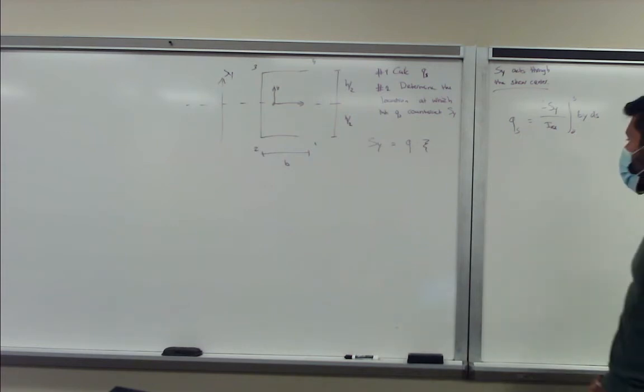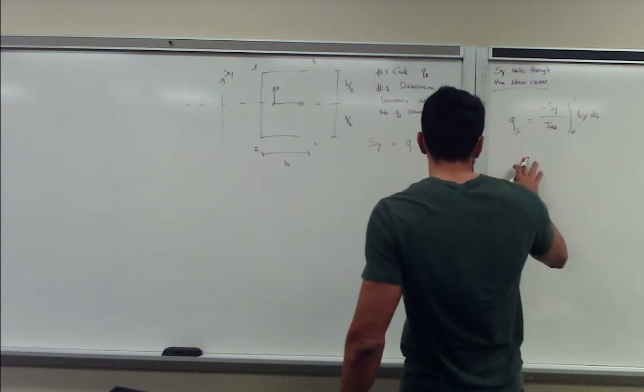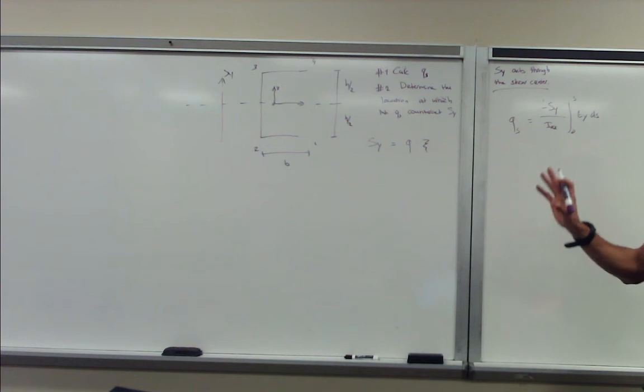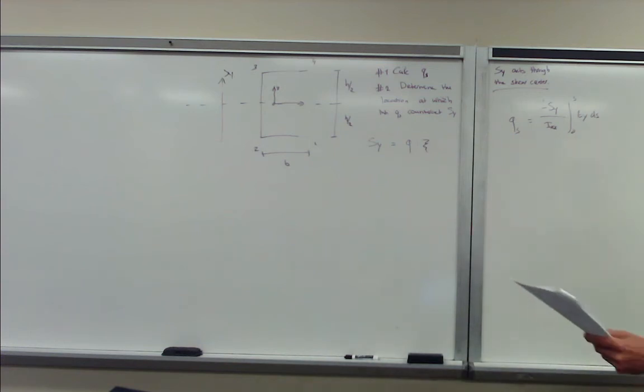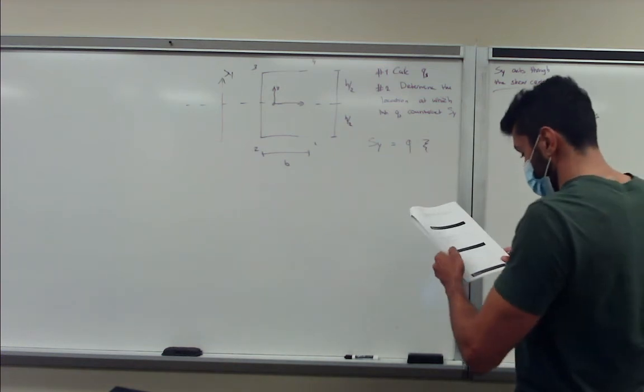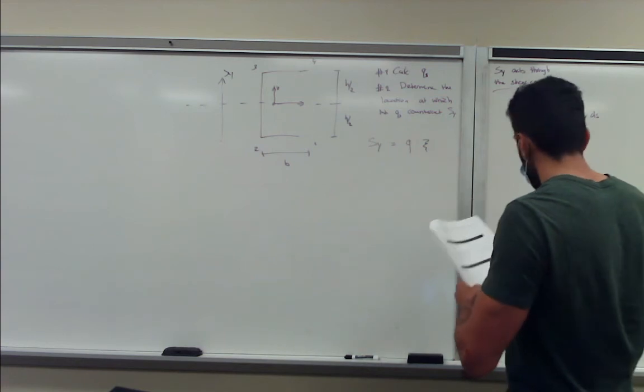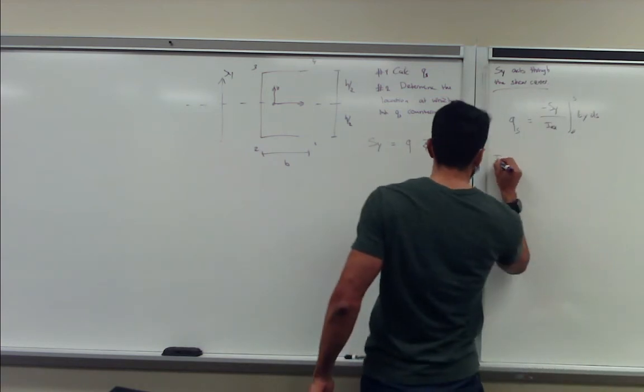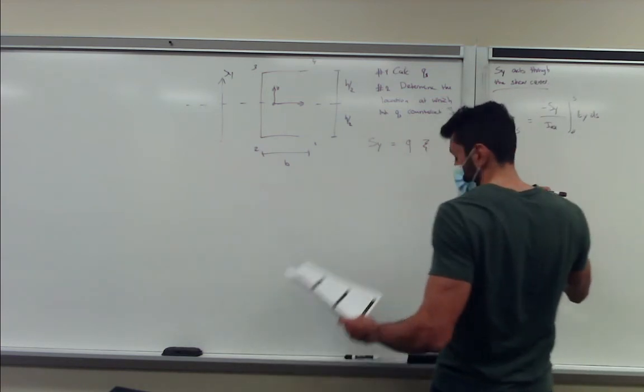Okay. And now we have to determine Q1,2 and Q2,3, and Q3,4 will follow from symmetry. And the moment of inertia is given as Ixx.